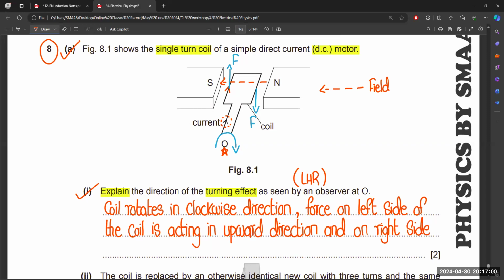And on right side, force acts in downward direction.